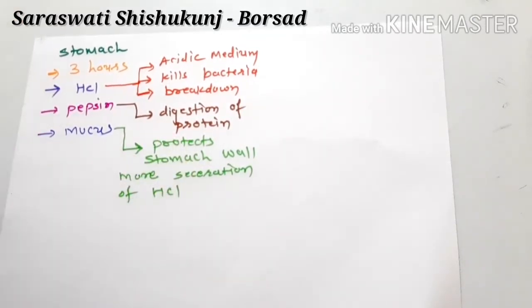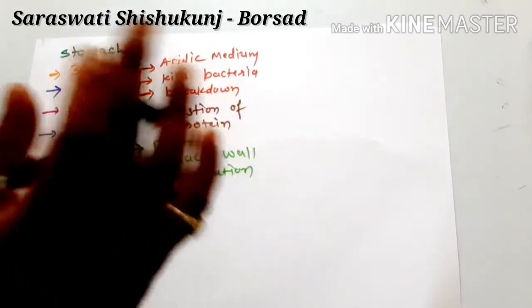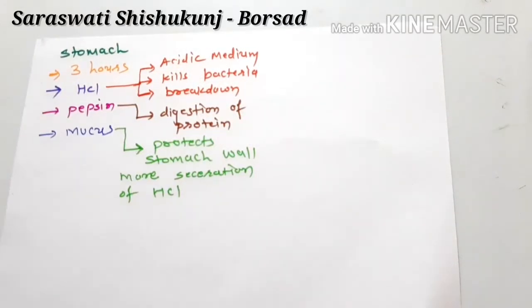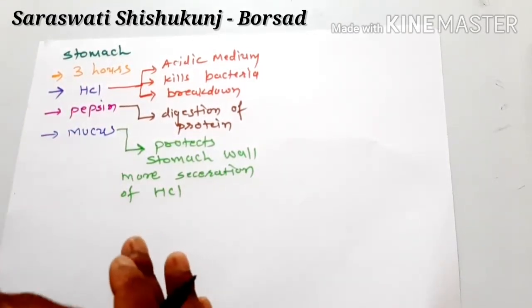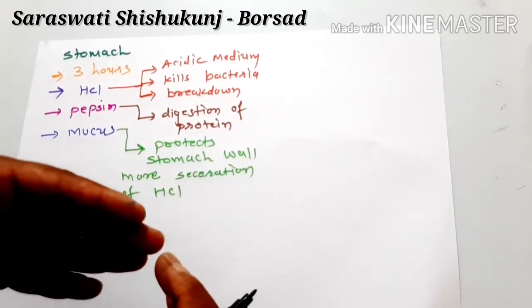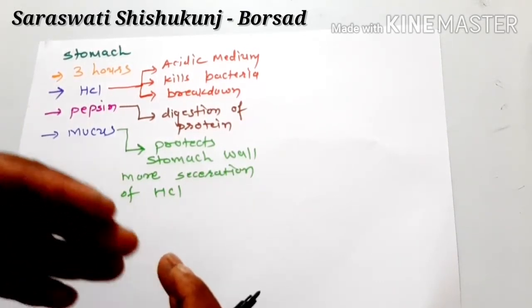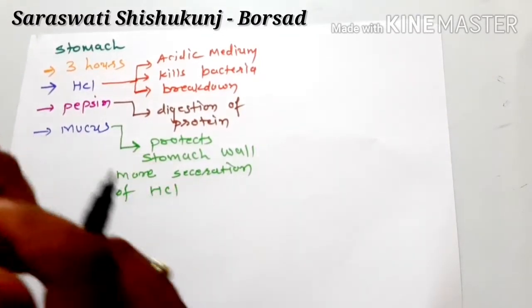Because the length of the small intestine in an adult is almost 6.5 meters. So why is it called the small intestine?